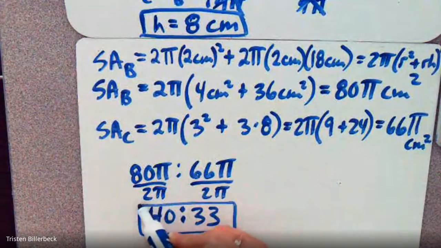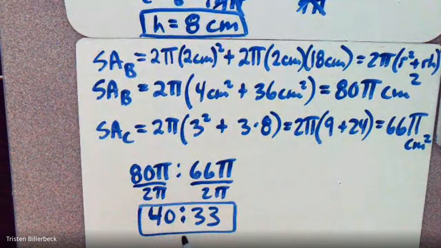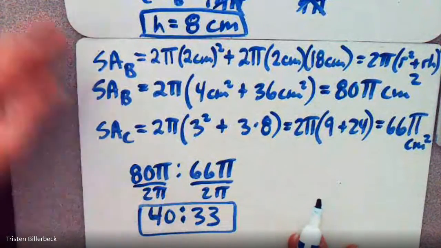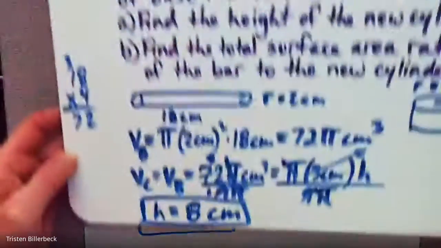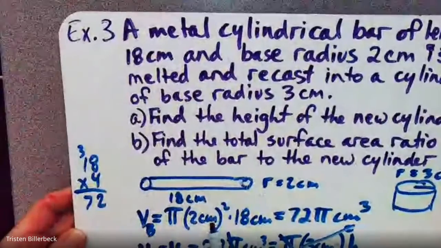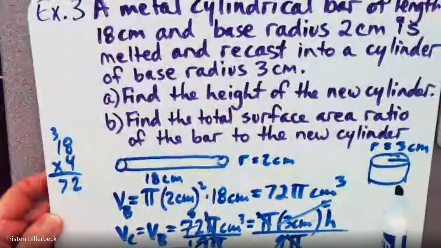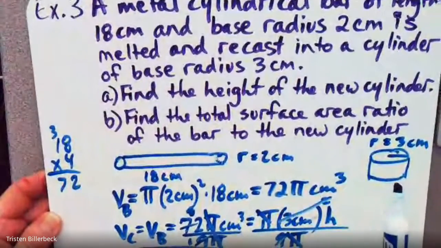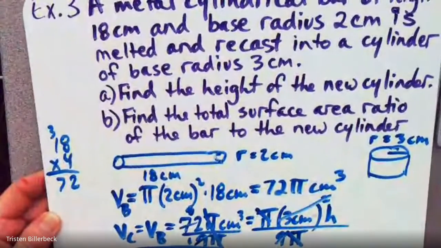We can't really reduce it too much more because we would get a decimal. Okay, so this bar here has a lot more surface area than this cylinder right here. And that would make a lot more sense.